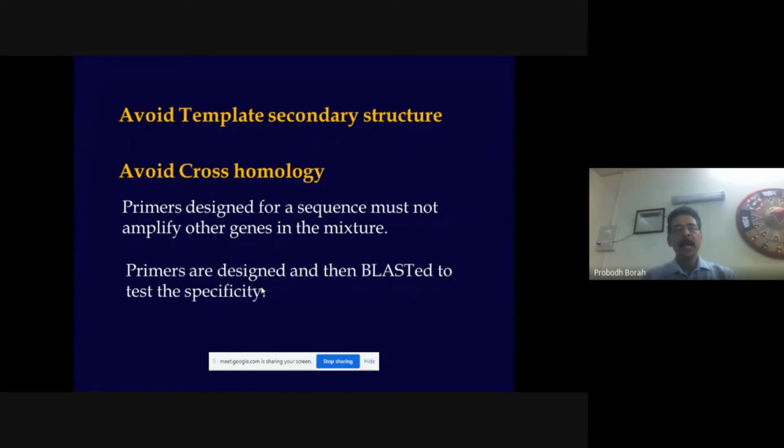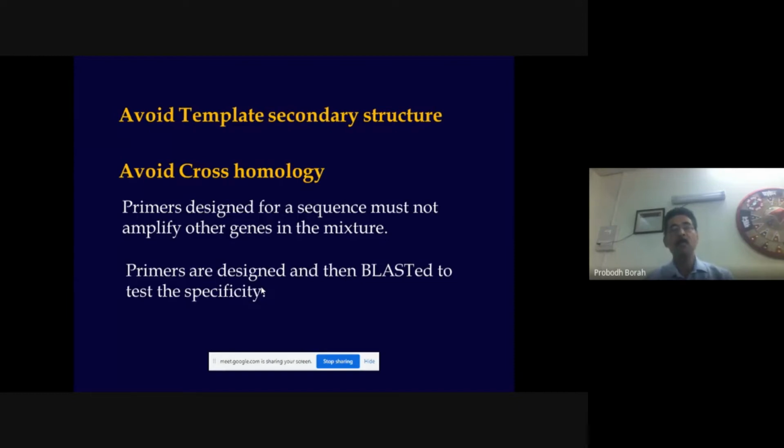Then another important property to look for while designing a primer is the uniqueness and conservedness of the primer sequence. So the primers should be highly conserved for a particular target sequence.